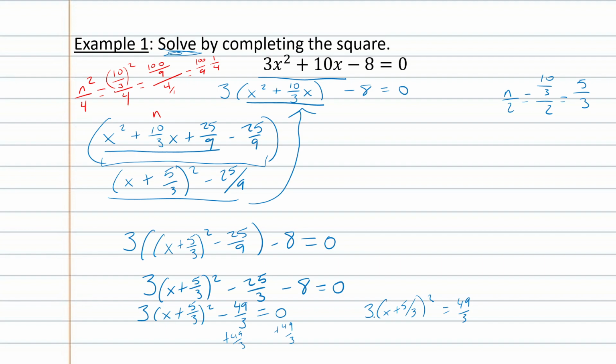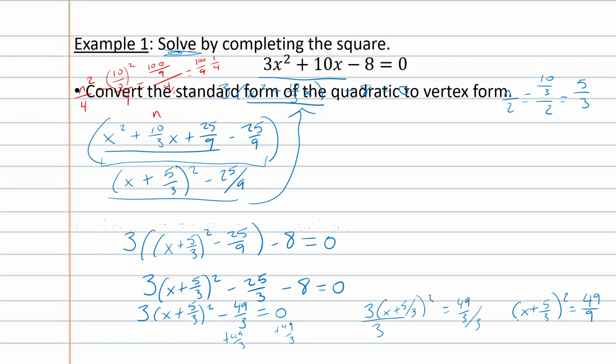I can then divide by 3 on both sides, and that's going to give me x plus 5/3 squared equals 49 over 9.